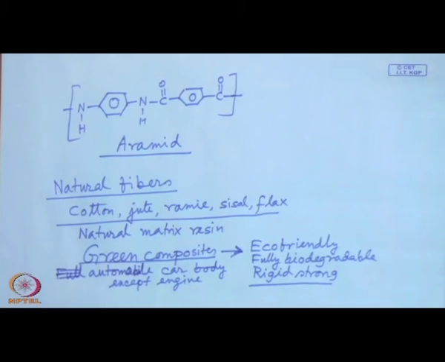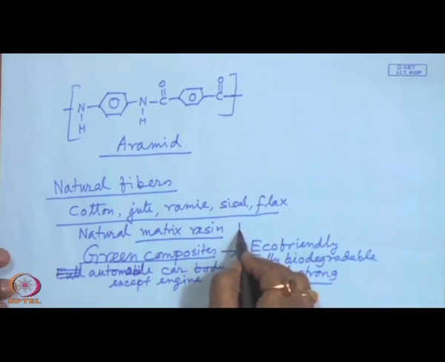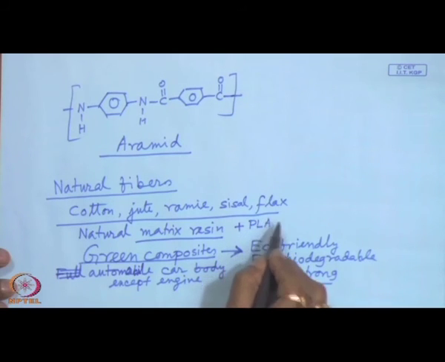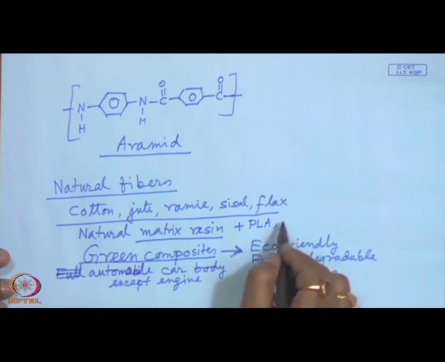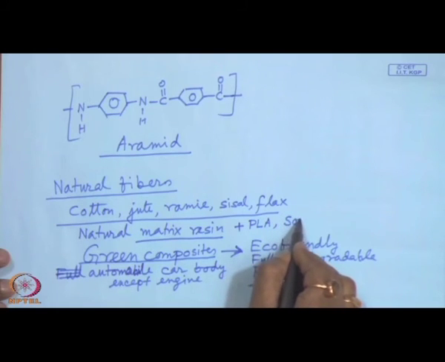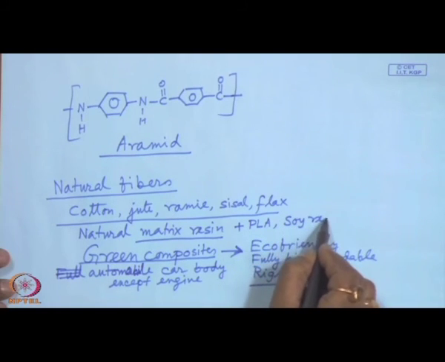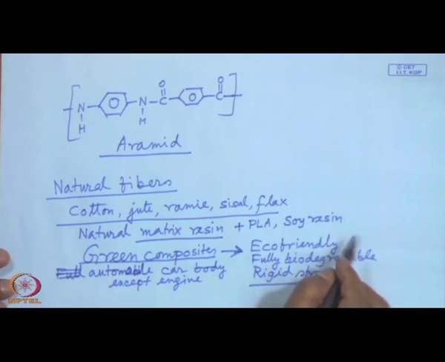Now, for such green composites, the natural matrix resin could be polylactic acid, PLA, or one can take soy resin from soybean, soy seeds.